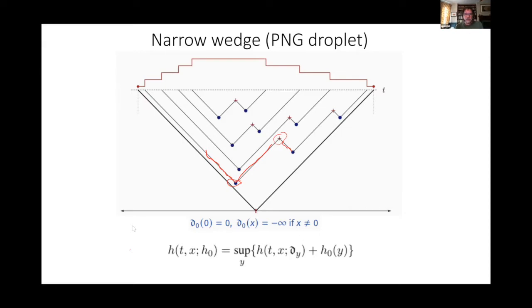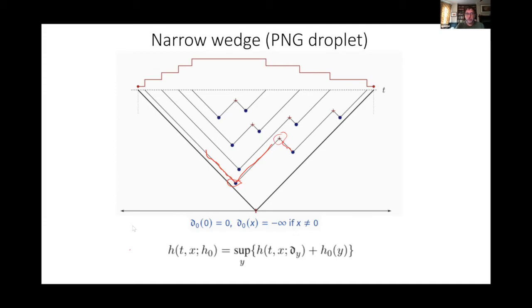That tells you that everything can be decomposed into these elementary states, starting with these narrow wedges. So the height function starting from any h naught is just the supremum over all y of starting from a narrow wedge at y plus the initial height function. Okay, so that variational formula turns out to be useful for a lot of things.